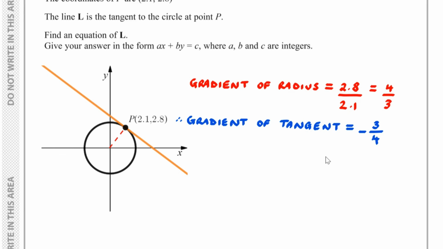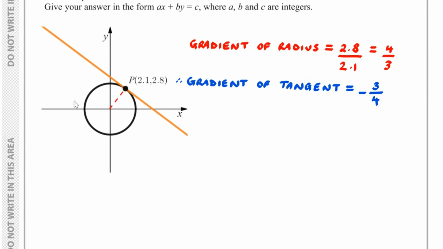So we can find out the equation of the straight line. We have y subtract the y coordinate of 2.8, which I'm going to rewrite as 14/5.